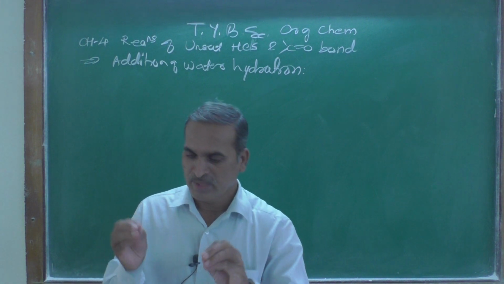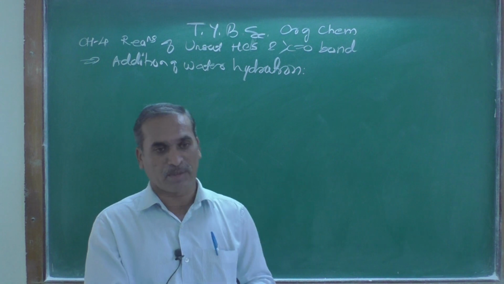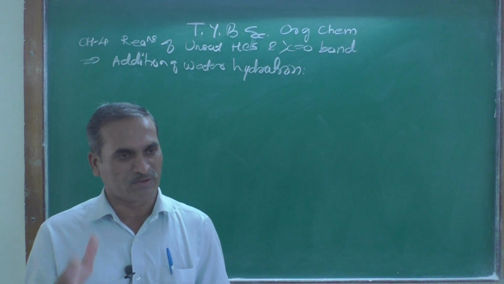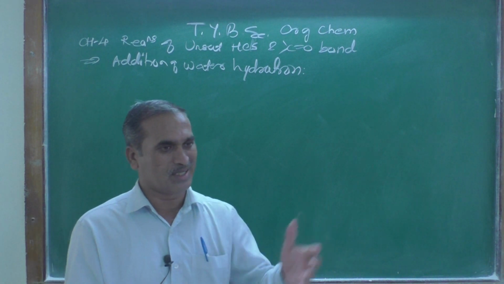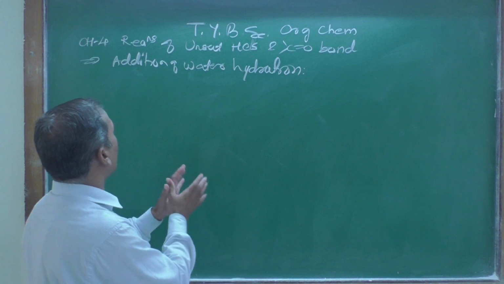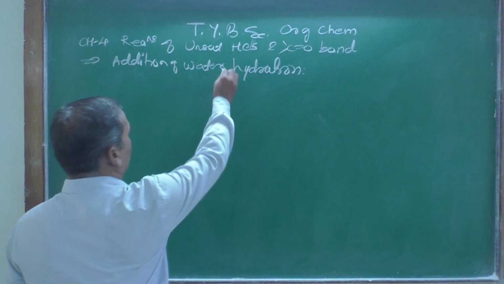So simple. And we are learning here the reactions of carbon-carbon triple bonds, and so far we have seen some of the reactions. Today we are going to discuss the addition of water, which is known as hydration.